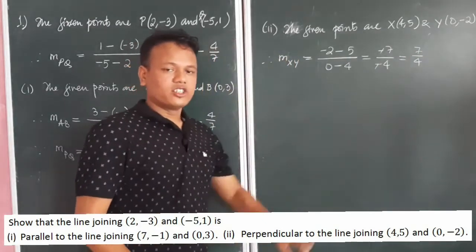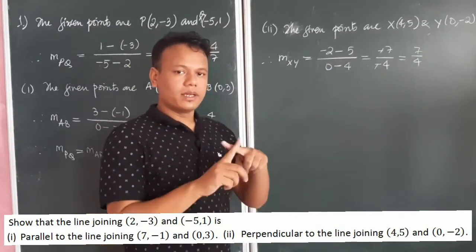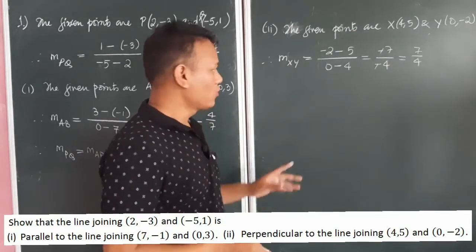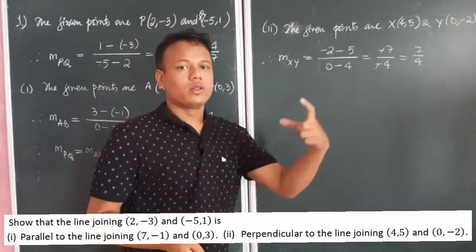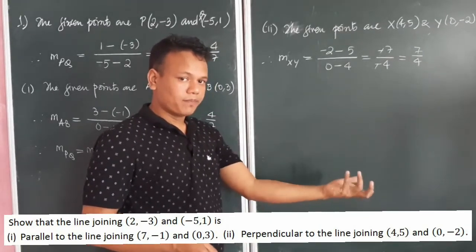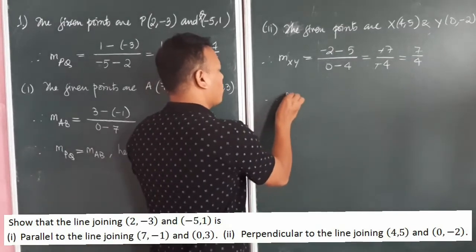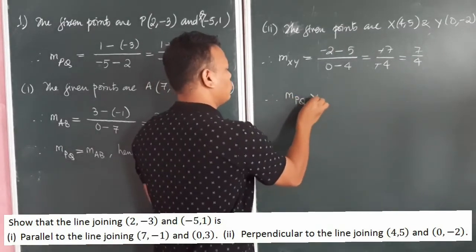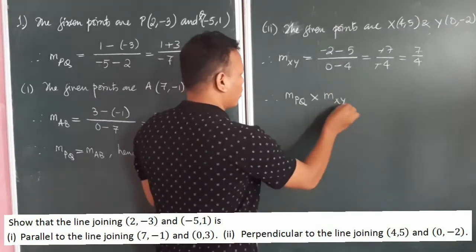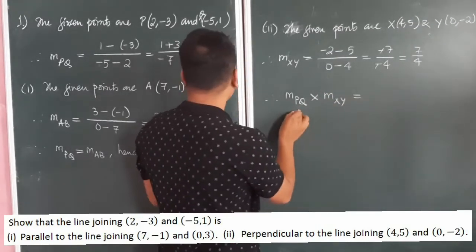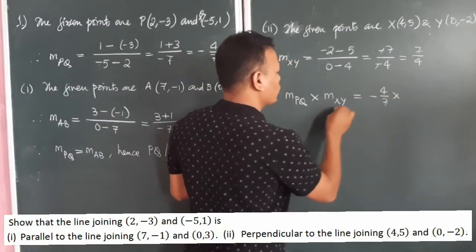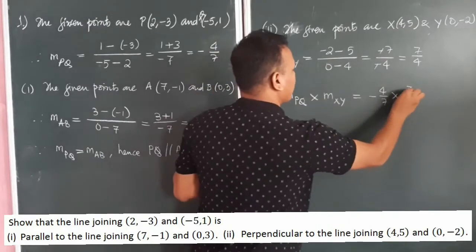Now we know that the condition for two lines to be perpendicular to each other is that the product of the slopes has to be -1. So let us find the product of the slope of line PQ and the slope of line XY. Therefore m of PQ into m of XY. m of PQ is -4/7, into m of XY, which is 7/4.